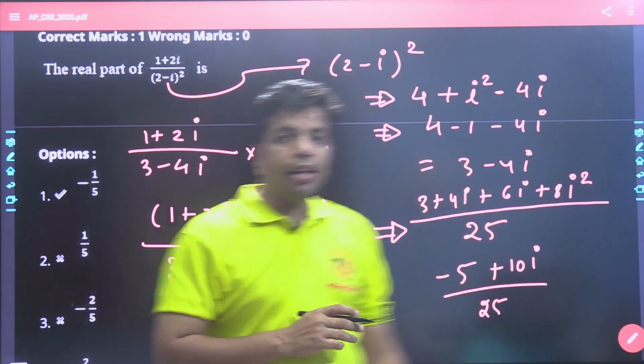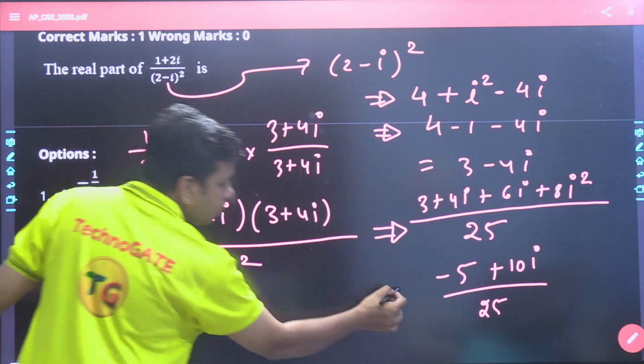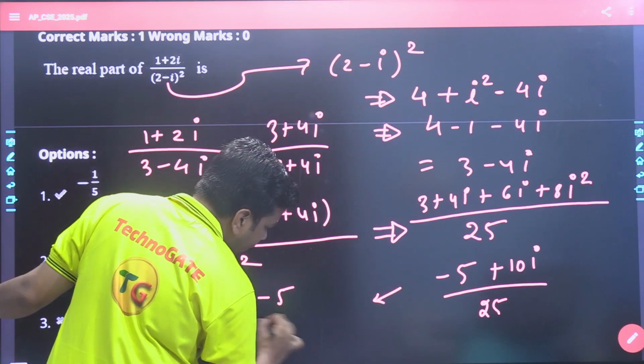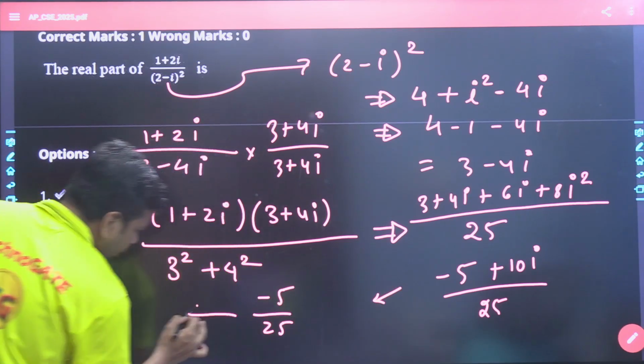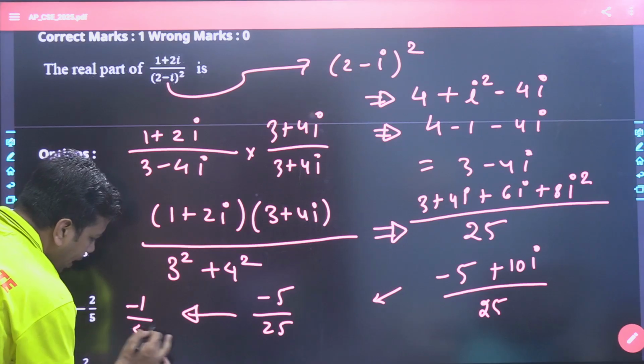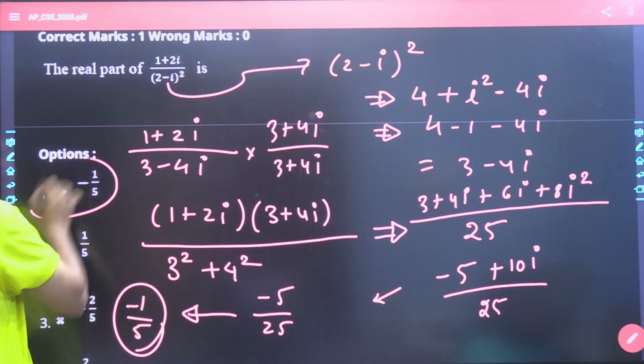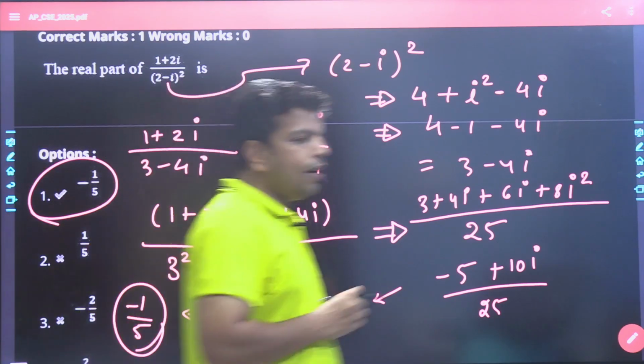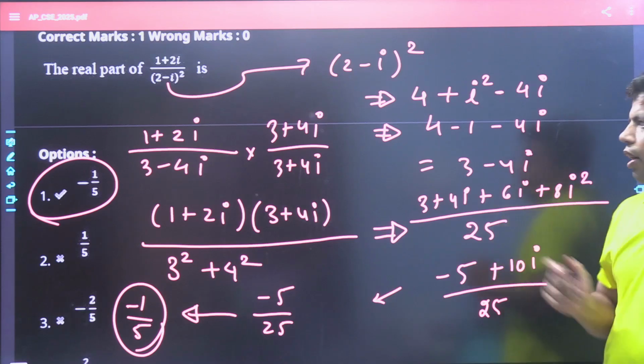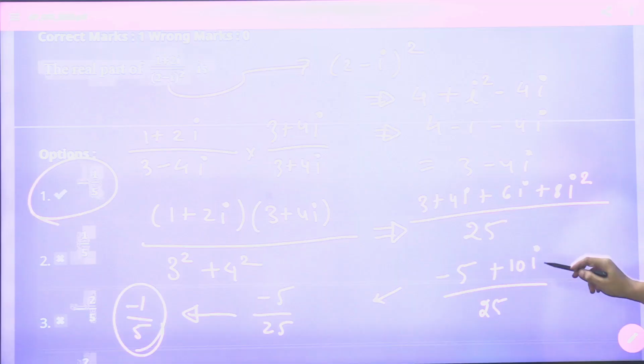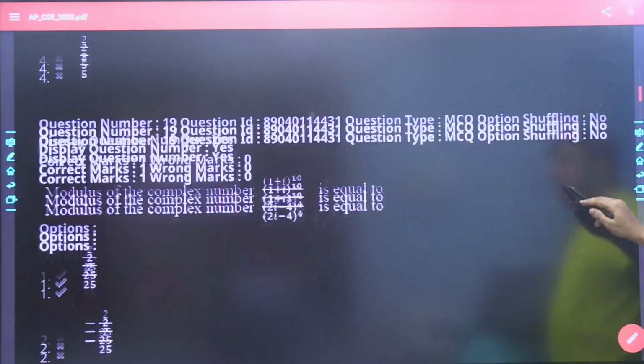Now we need to take the real part and the imaginary part. The real part is minus 5 by 25. On solving this, it is minus 1 by 5. So you can go with the first answer. First is your result. Got it? Let's move toward the next question.